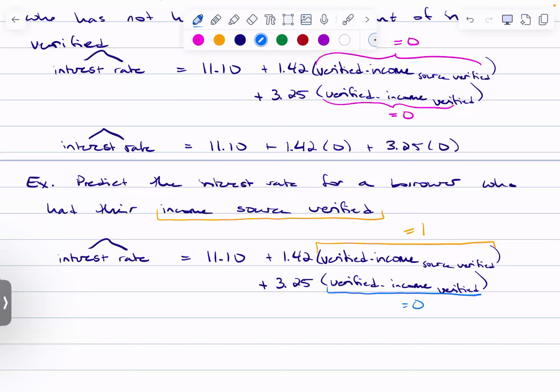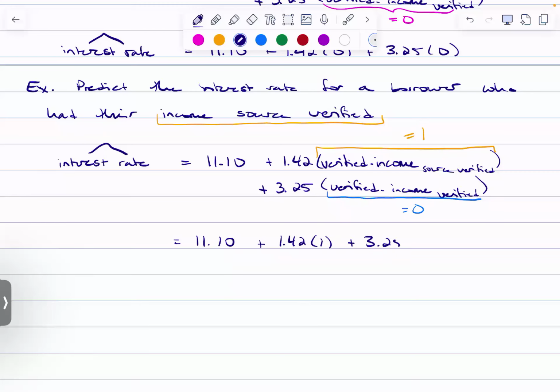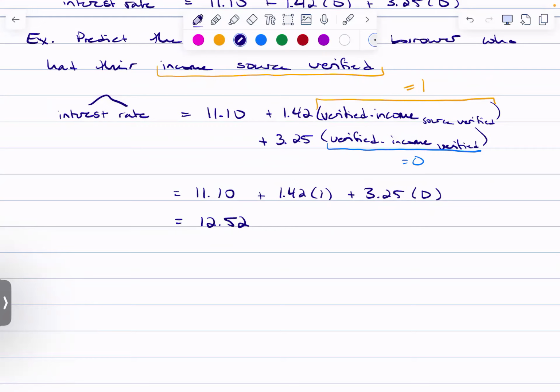And so I get 11.10 plus 1.42 times 1 plus 3.25 times 0. So I get a predicted interest rate of 11.1 plus 1.42, which is 12.52. A higher interest rate, if you had your source verified. Not cool. Not cool. You should be rewarded.